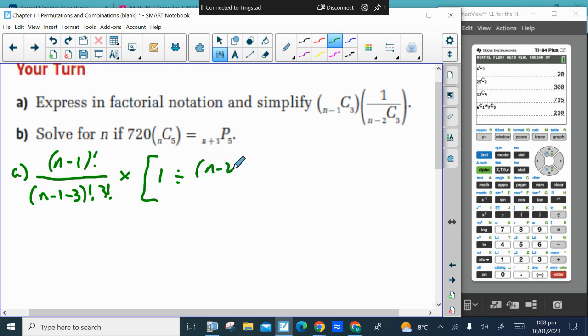So that'll be (n minus 2) factorial over (n minus 2 minus 3) factorial times 3 factorial.